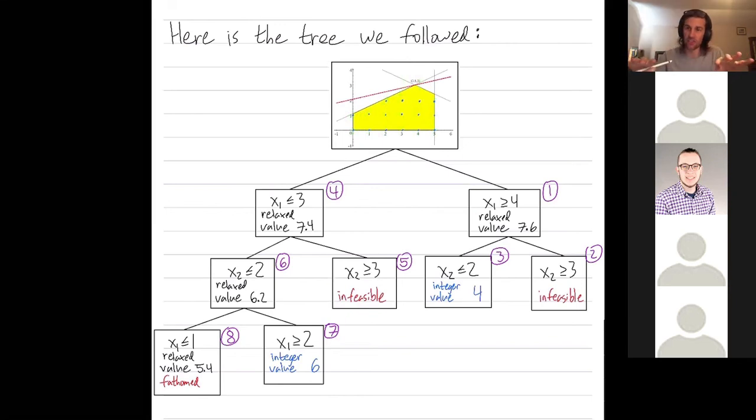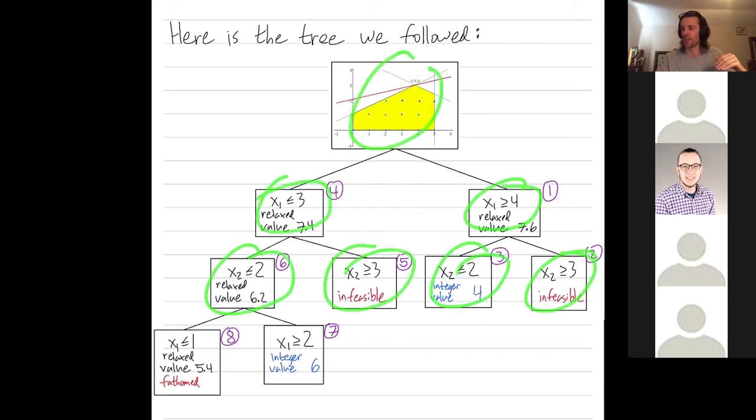this is a binary tree, right? So every new row can have twice as many entries as the row above it, right? We had 4 and then 2 and then 1.